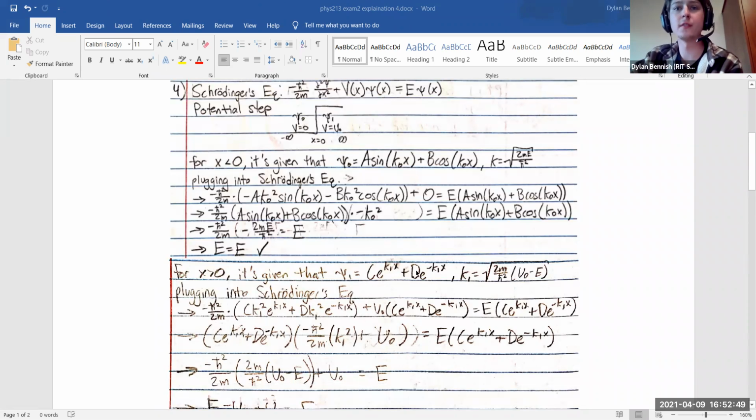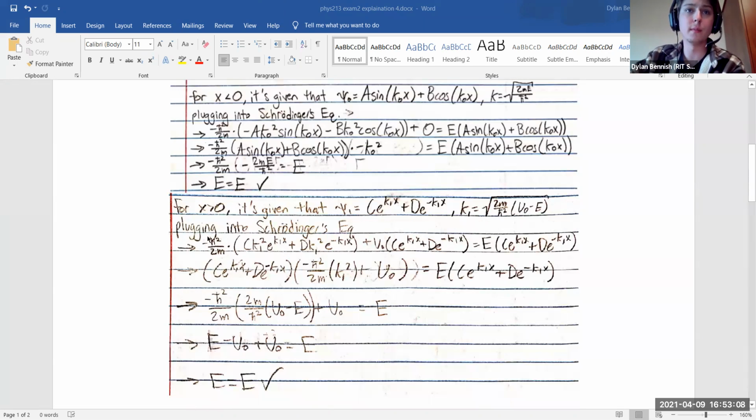First things first, the second derivative of psi is going to be the same function, but with the constant squared pulled out front. That's because if we take the derivative of e to the k1x, we get k1 e to the k1x, and taking the derivative again, we get k1 squared e to the k1x. So the minus h bar squared over 2m doesn't go anywhere.